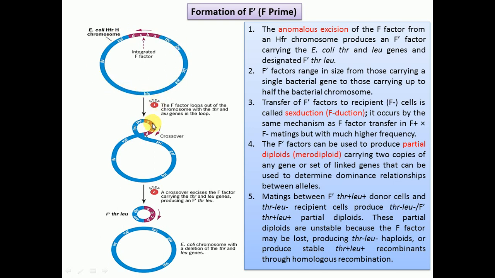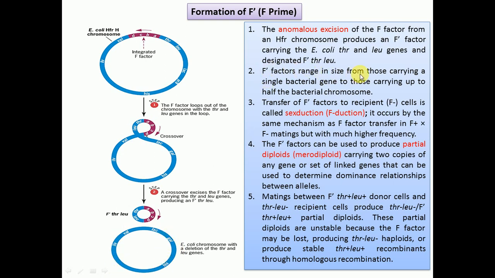Now when there is an excision, there is formation of a loop, and during this loop formation, due to some error, some of the bacterial genes, here the leucine and threonine, get within the loop of this F factor, and during the excision process, which is errorful or anomalous, the F factor that comes out contains the bacterial genes, here the leucine and threonine. So this F factor is called the F prime, as it contains the bacterial genes leucine and threonine. We will write F prime threonine leucine, and this is the bacterial chromosome after the separation process.